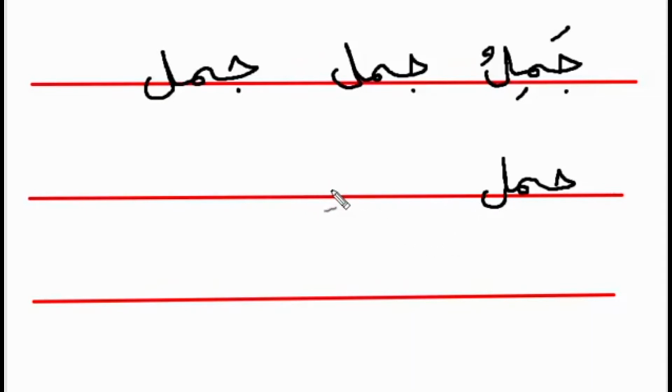As an example, Jamal, the same word I'm using. Jamal is a camel. If I add Dhamma on the top of it, that will make it Jumal. Jumal is sentences. You see the difference? From Jamal to Jumal, just by adding this Dhamma on the top. Dhamma makes the letter as if you are attaching the letter U to it. So the letter Ja will become Ju, Jumal. This is what we are going to learn in the video after that.